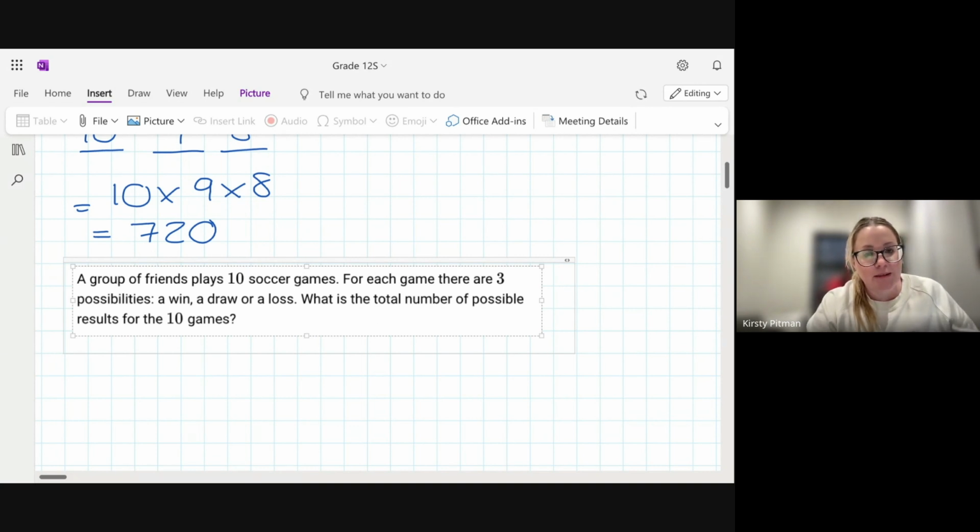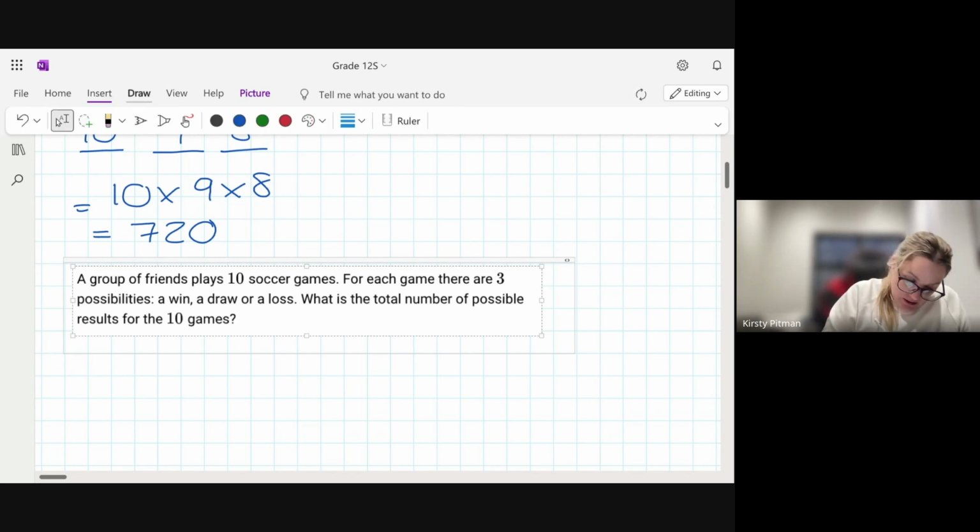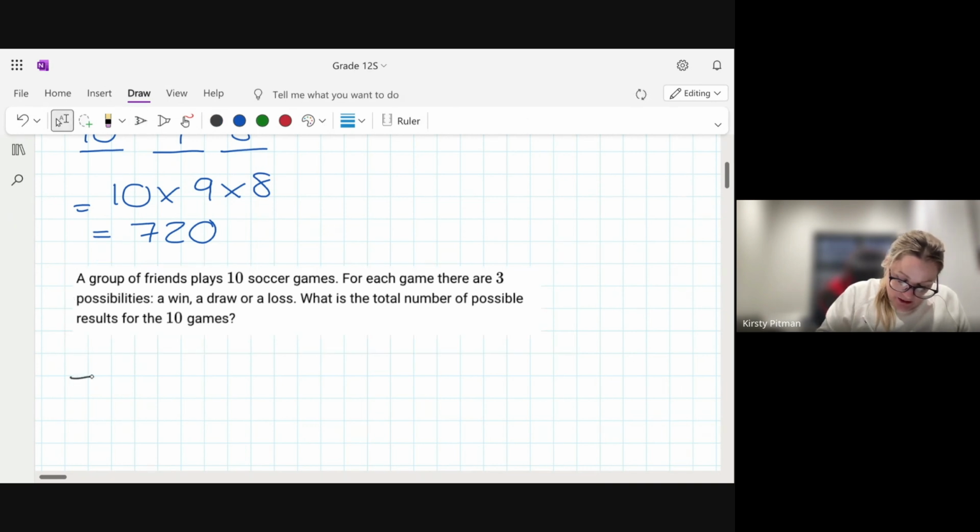So we're playing 10 games. There's 3 options each time. If I'm looking at this, I would have 10 spaces here: 1, 2, 3, 4, 5, 6, 7, 8, 9, 10. For my first game, I can win, draw, or lose: 3.